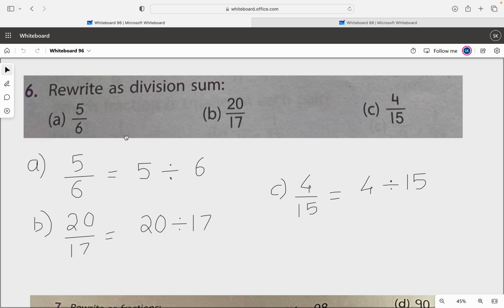Okay. Now, very simple. Rewrite as division sums. 5 by 6 is equal to nothing but 5 divided by 6.